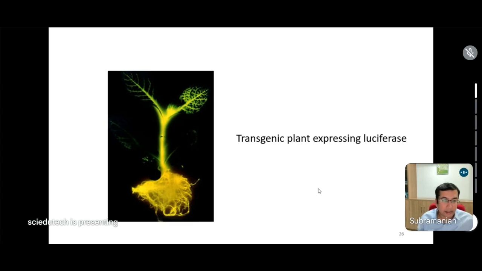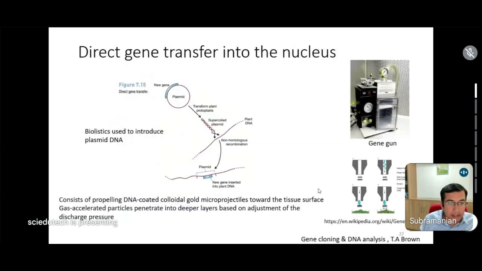Okay, next slide. So how do you introduce a gene into the plant? One of the strategies is direct gene transfer into the nucleus. You have the plasmid containing the gene of interest, and you can use a gene gun. It's also called the biolistic technique.